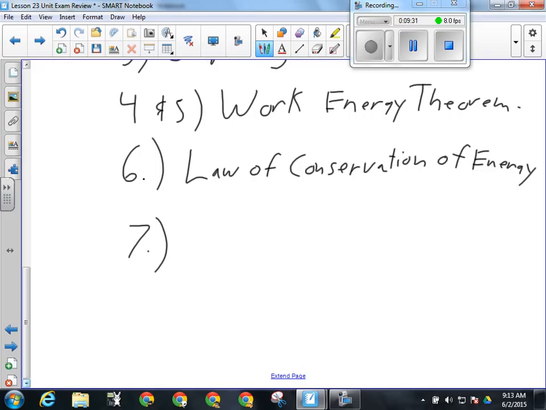Number 7 is the thinker. I'm just going to tell you that. It's just the thinker. There may actually be more than one way to solve it even. That's the cream of the crop question. It tells you whether you really know this stuff or not, and as a result, there's more than one way to solve it.